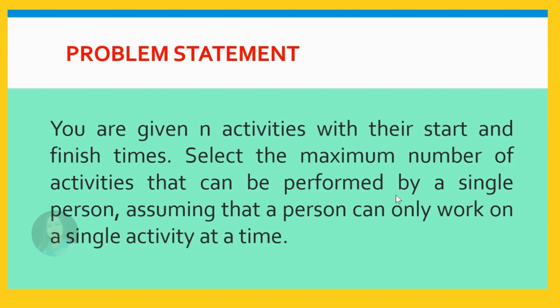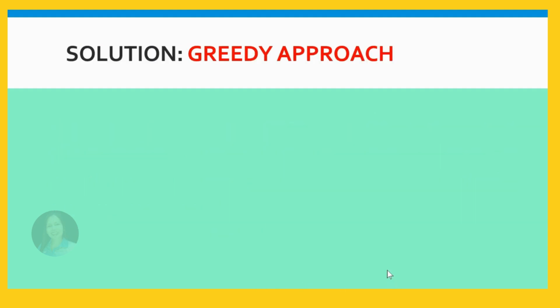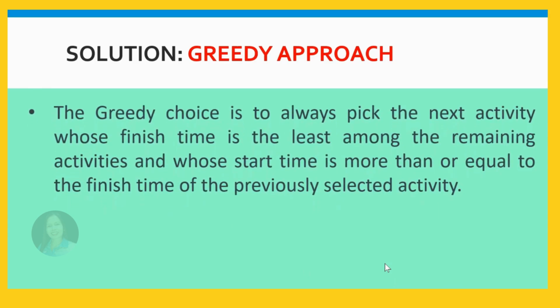So therefore, we need to remove the conflict. So we need to optimize the activity. So what will be the solution for that? We will apply the greedy approach. This greedy choice is to always pick the next activity whose finish time is the least among the remaining activities, and check whether the start time is more than or equal to the finish time of the previously selected activity.